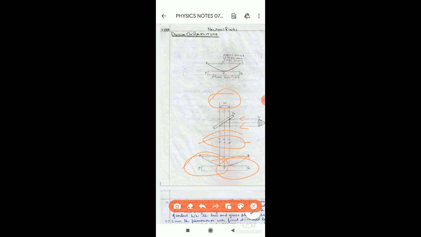Now we will discuss how Newton's rings are formed. At the point of contact, when both these rays superimpose, we get concentric circles of the same radius. These concentric circles are alternately bright and dark, and they are known as circular rings or Newton's rings.